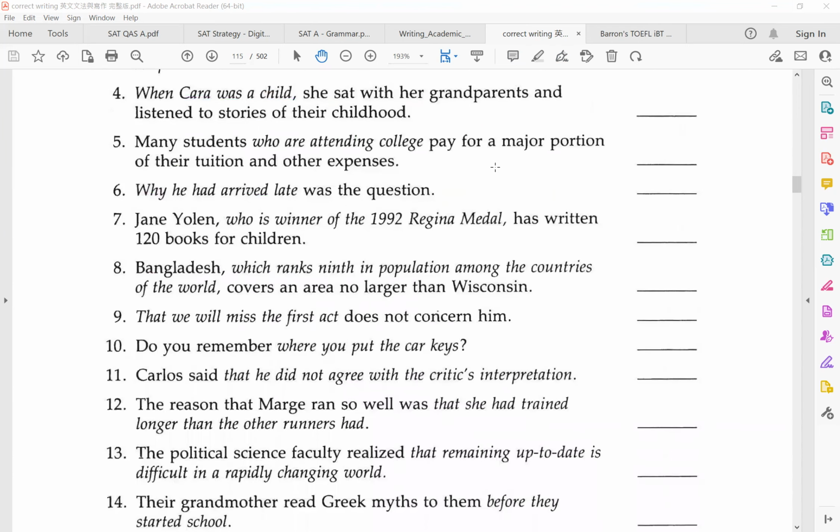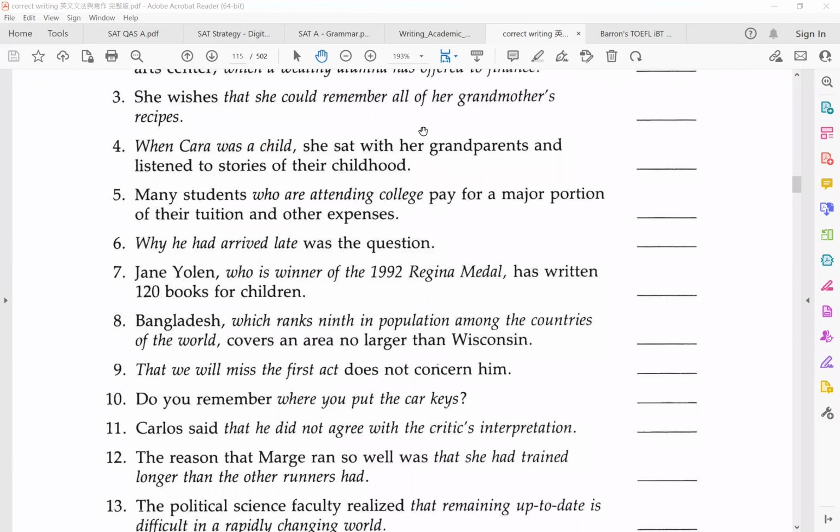So if you take a look at number five, it is straightforward as well, right? Who are attending college? This is an adjective clause because it starts with a relative pronoun. And keep in mind that if your antecedent, which is students, is plural, the verb inside your adjective clause has to be plural as well.